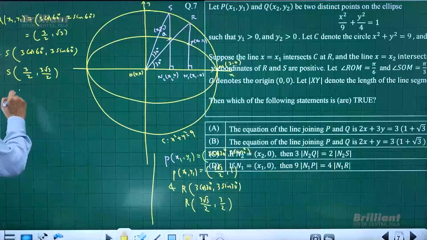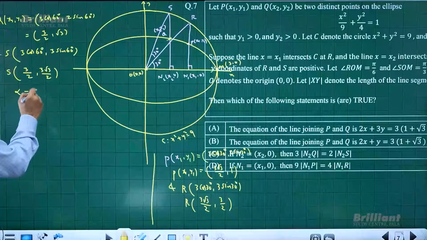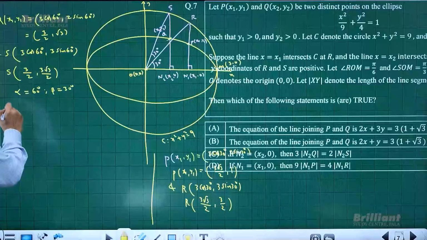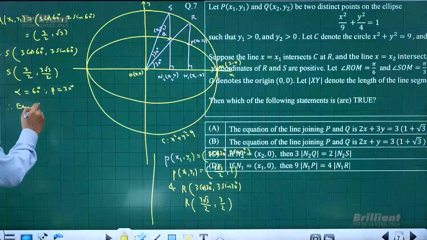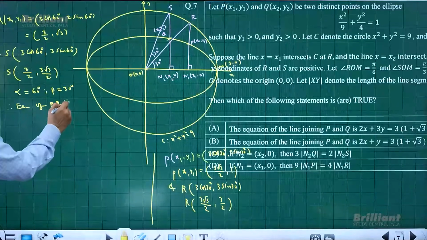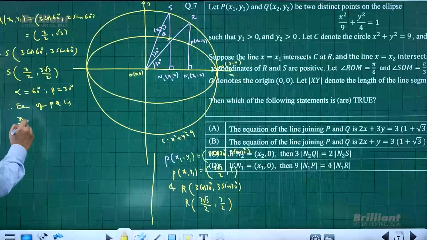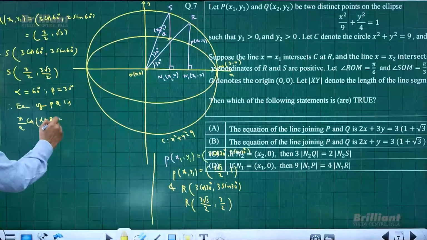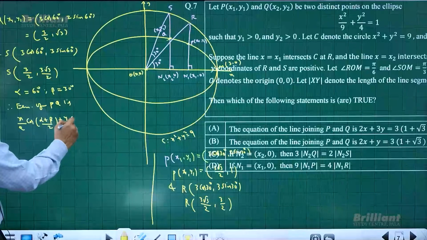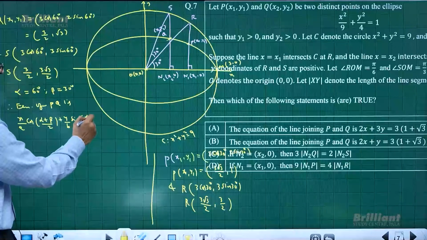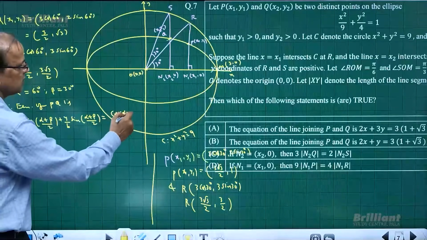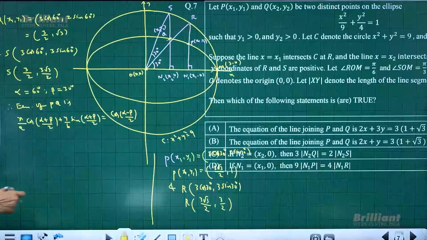So, if you take alpha as 60 degrees and beta as 30 degrees, therefore the equation of PQ is x by a cos of (alpha plus beta) by 2, plus y by b sin of (alpha plus beta) by 2, equal to cos of (alpha minus beta) by 2. This is the equation of the chord joining alpha and beta on the ellipse.